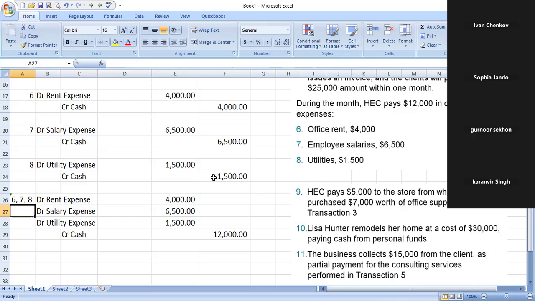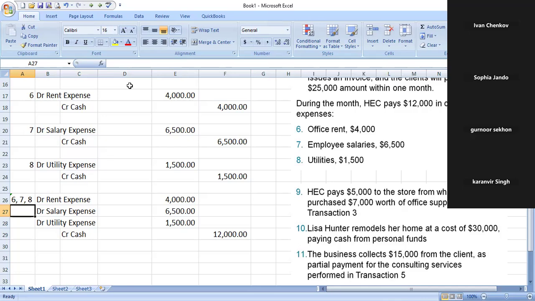Again, for simplicity, keep it simple, because the combined entry at this level might get you confused. I don't want you to get confused. I want you to get confident. Once you get enough confidence, then we can move to the next level. I don't know if that makes sense, but I'm trying to make it easy for you as much as I can.